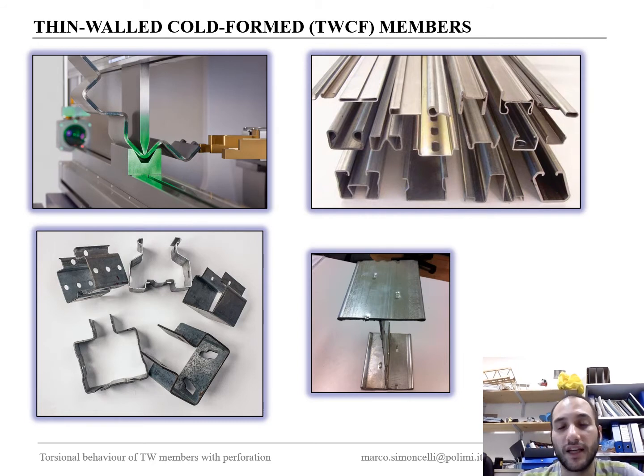With this technique, we can realize very different shapes of the profiles. Like you can see in this slide, the commonly used for the upright of the steel storage racks are C sections, or we can also have double T sections.